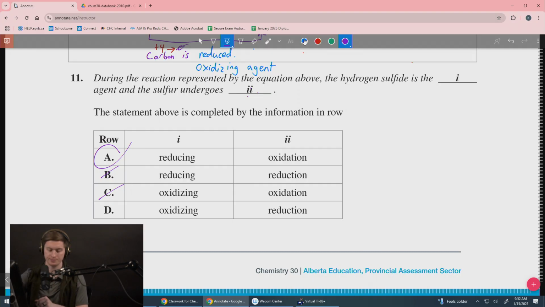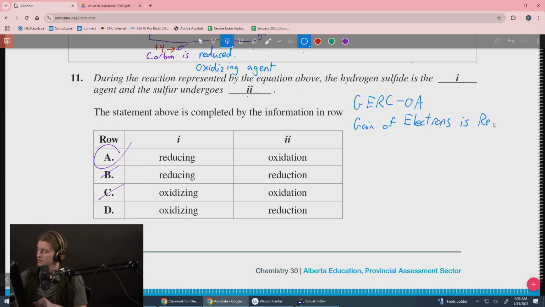Here's an acronym that I use with my students. I say GERC OA, which means the gain of electrons, do a capital E, is reduction at the cathode.